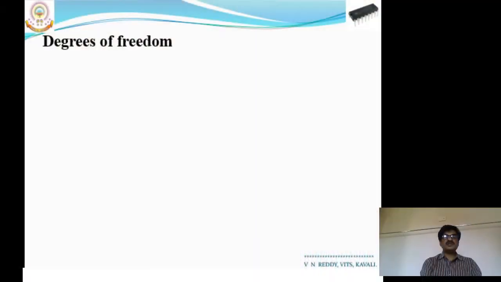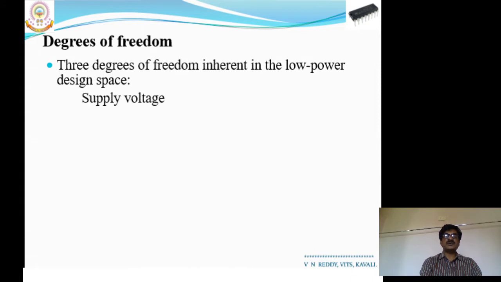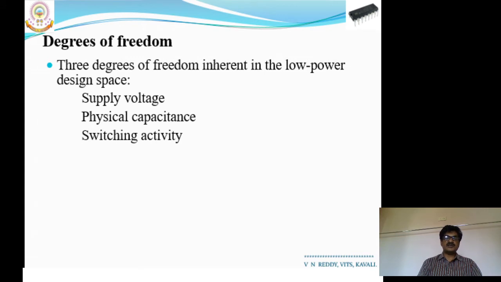So the techniques you can apply to reduce the power consumption is either you can work on the applied voltage, that is the supply voltage, or you can work on capacitance, and also you can work on switching activity.